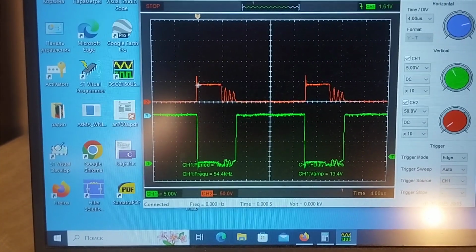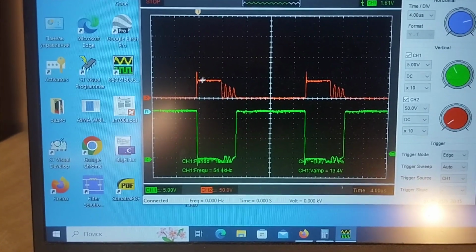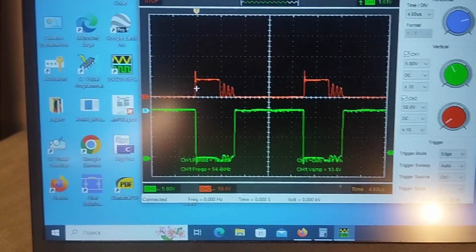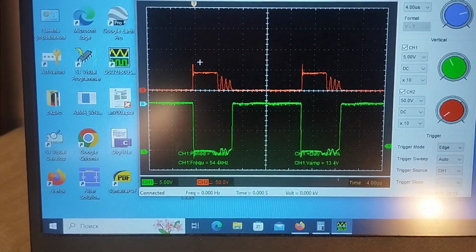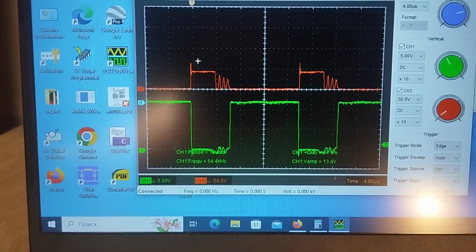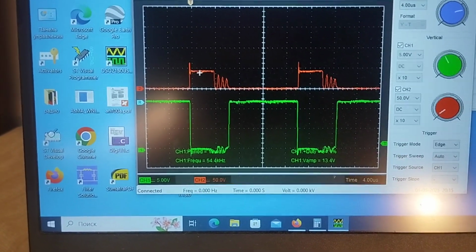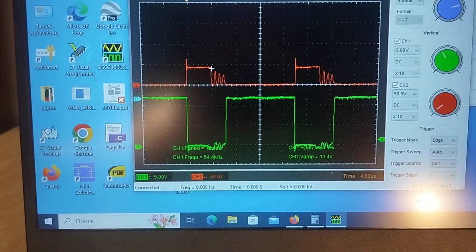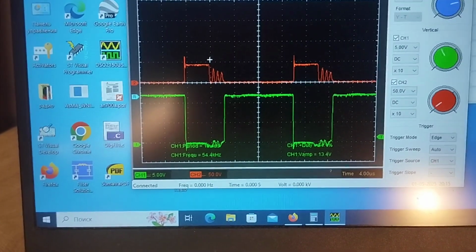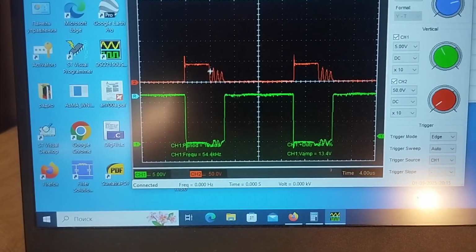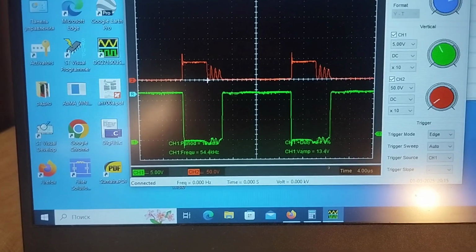I mean additional voltage. This pulse means that all the power from the coil flew into the load. When all the power has gone into the load, the pulse becomes low.